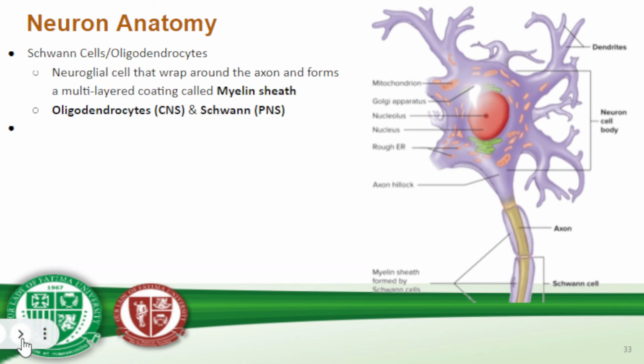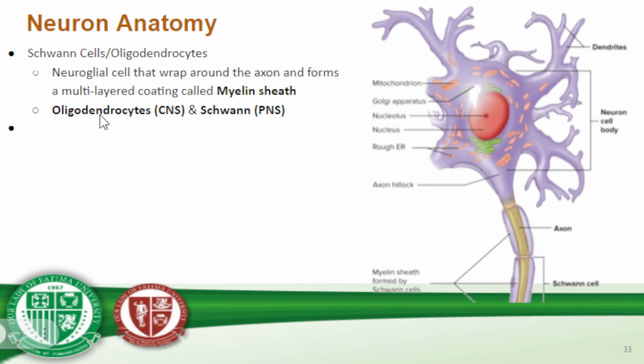Okay? Another important part here is that the axon, no, is being covered by a layer called myelin sheath. Yan, myelin sheath. And later on, i-discuss natin ano bang function ng myelin sheath natin.